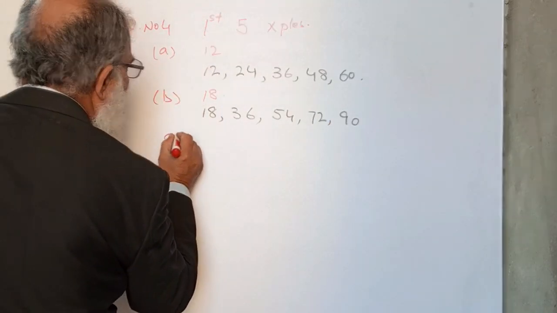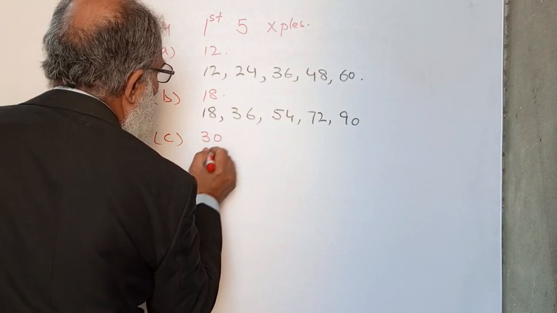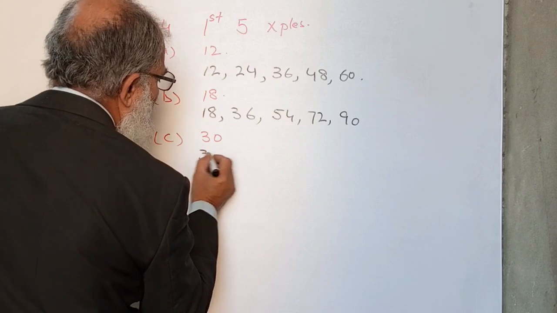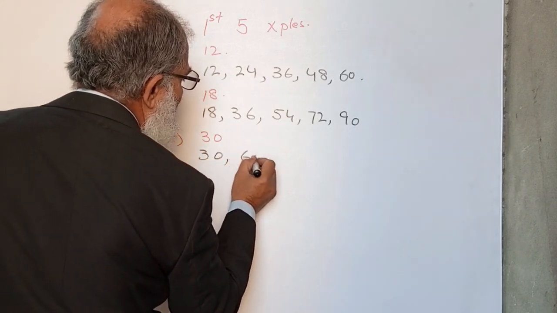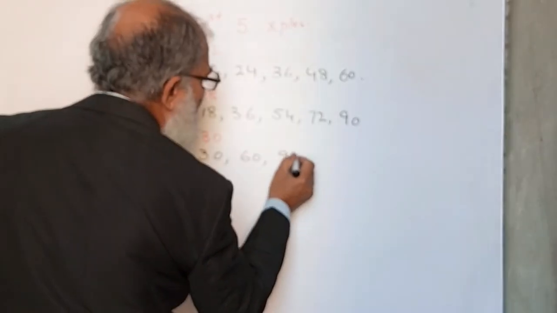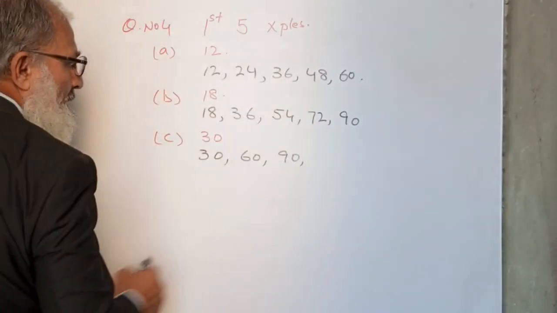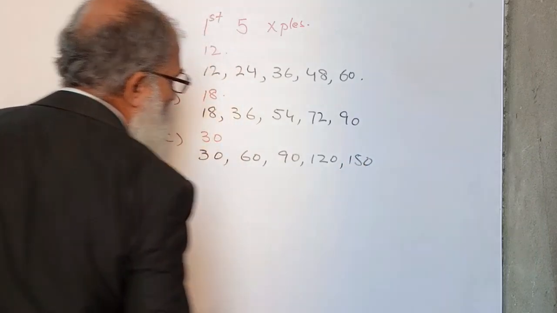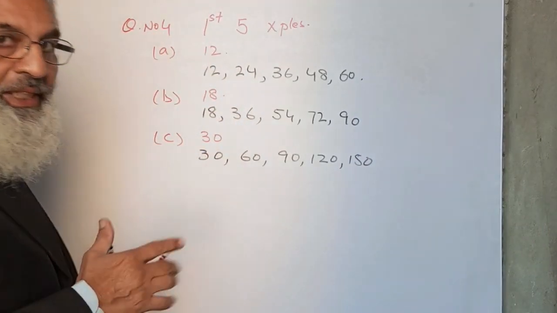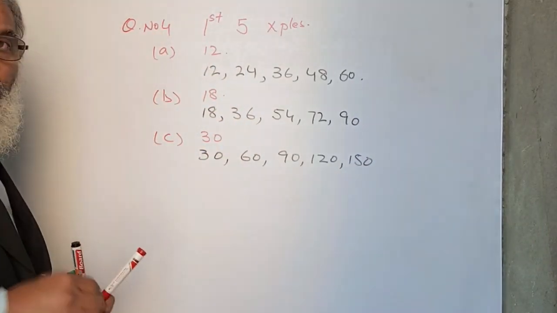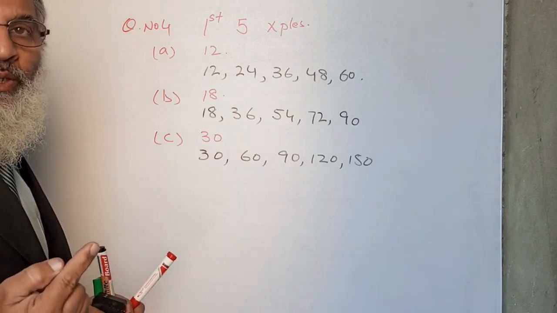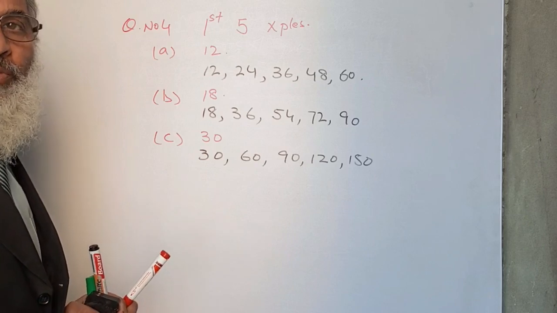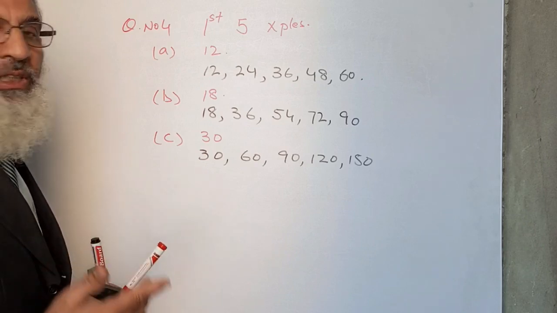C is 30: 30, 60, 90, 120 and 150. This is a simple table. You know what the table is? 1 times 2, 2 times 2 is 4, 2 times 3 is 6, 2 times 4 is 8. Now this is a simple table.